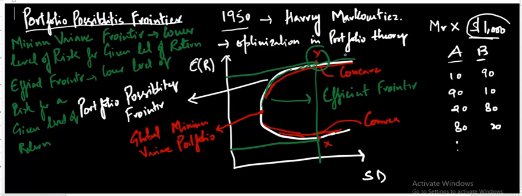Why so? Because it is a part of the minimum variance frontier, plus it gives us an additional point, that is the highest return for a given level of risk.